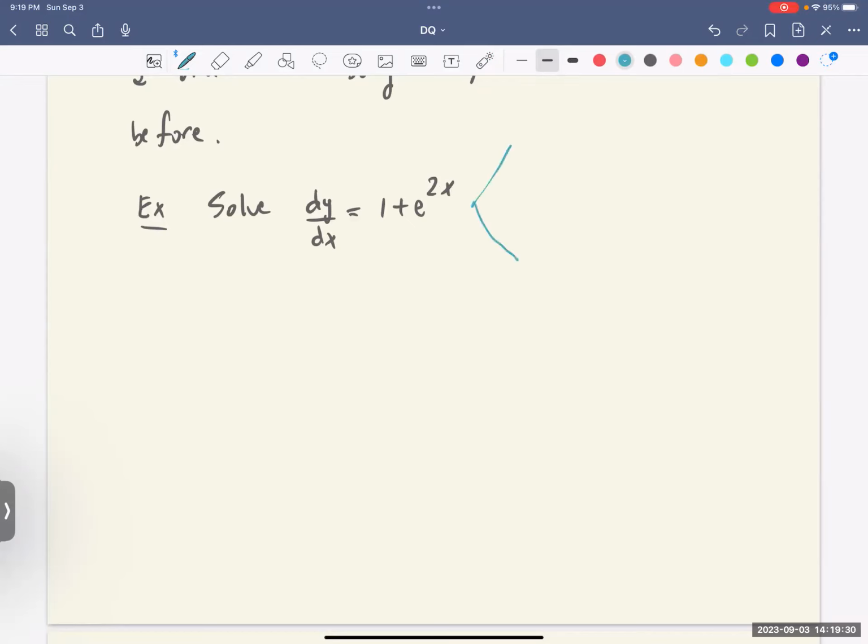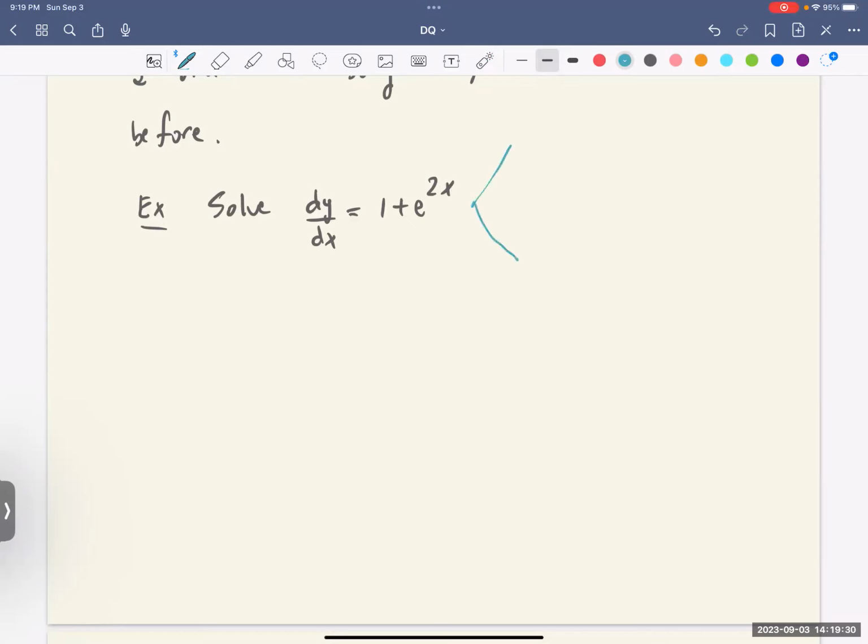And then when you combine the constants and move the d from the left to the right, we get y is equal to x plus e to the 2x over 2 plus, let's rename the constant as c, where c is equal to g minus d.